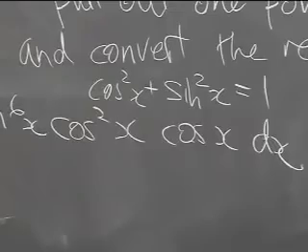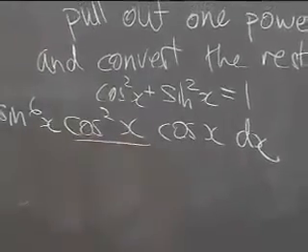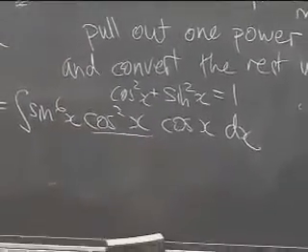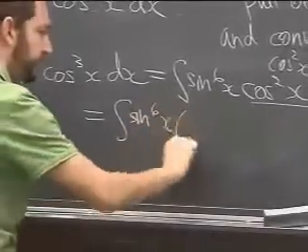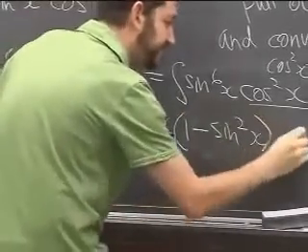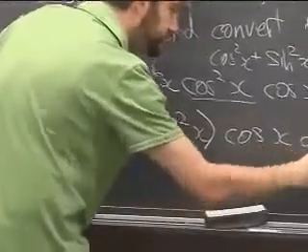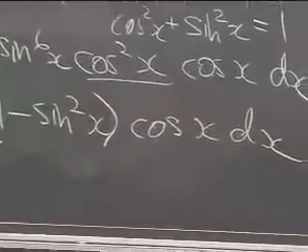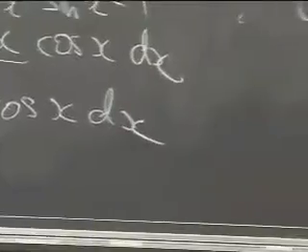And then, using the trig identity, I now convert the rest of it by using cosine squared as 1 minus sine squared x. Okay? So what good does that do?